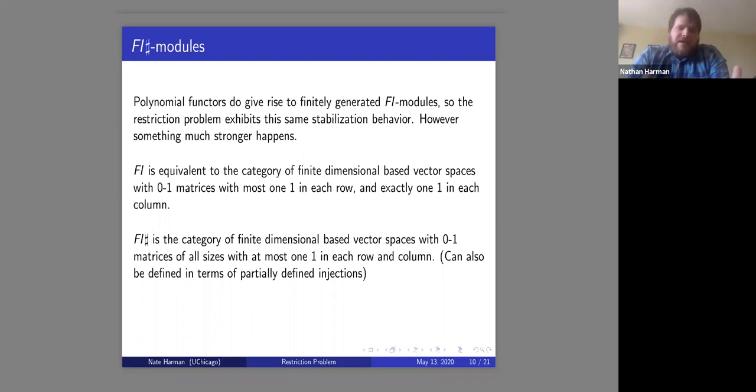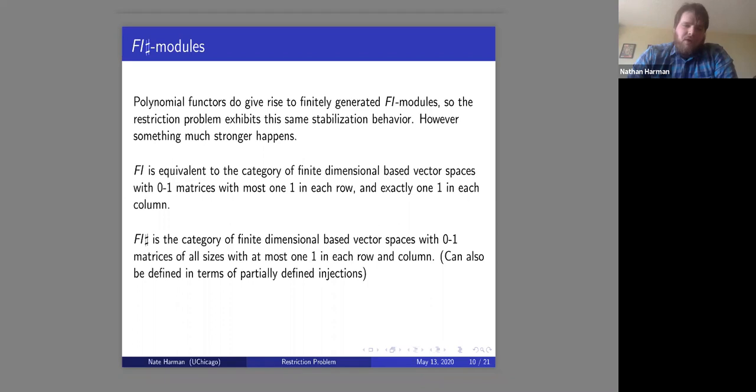But FI sharp, the point is, if I look at just the n by n matrices, this condition just becomes the Rook condition. So this is a version of the Rook monoid where now we are allowing sets of different size.